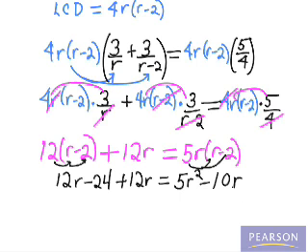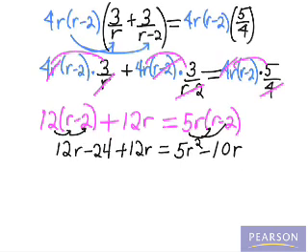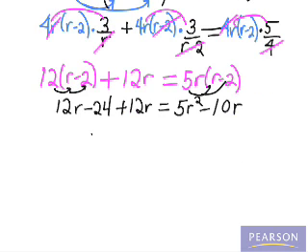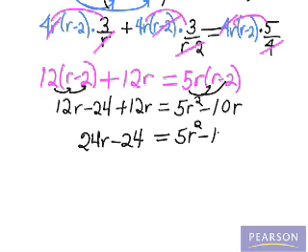Now this is a quadratic equation, so we're going to get 0 on the left side. First we combine like terms. 12R and 12R is 24R minus 24 is 5R squared minus 10R. Now to get 0 on one side, we're going to subtract 24R and add 24.